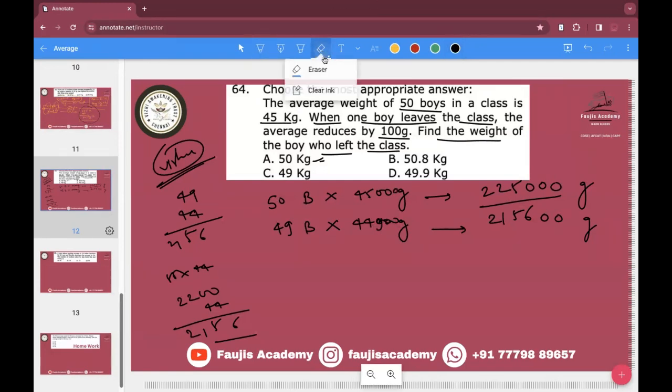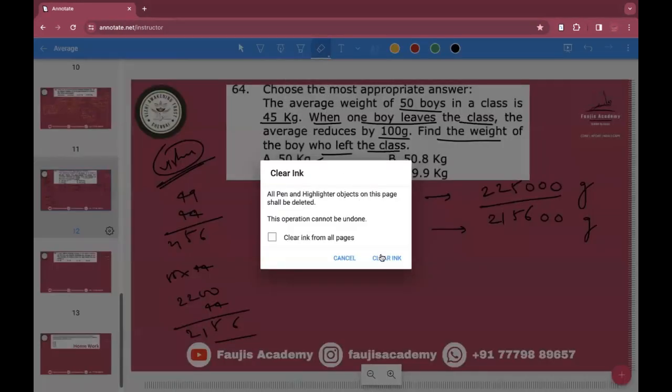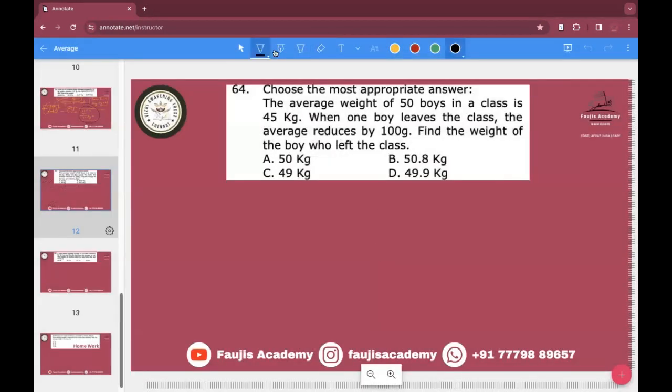Okay, look. Do you guys want me to tell you the easy way? The easy way is so simple. How much has it reduced? It has reduced 100 grams. So this 100 grams was reduced for all the 50 boys.